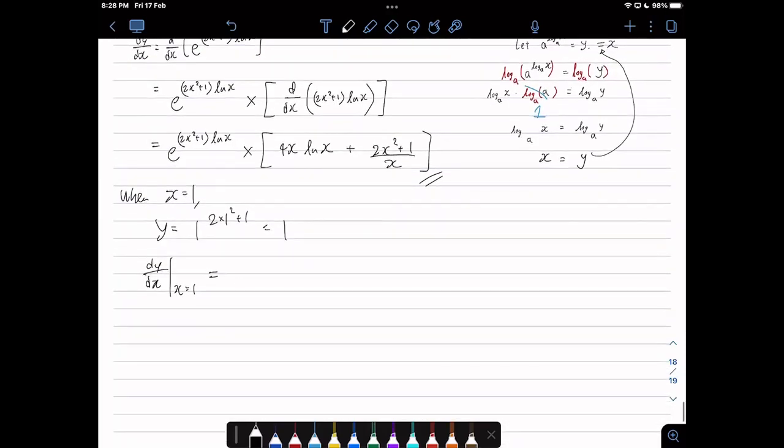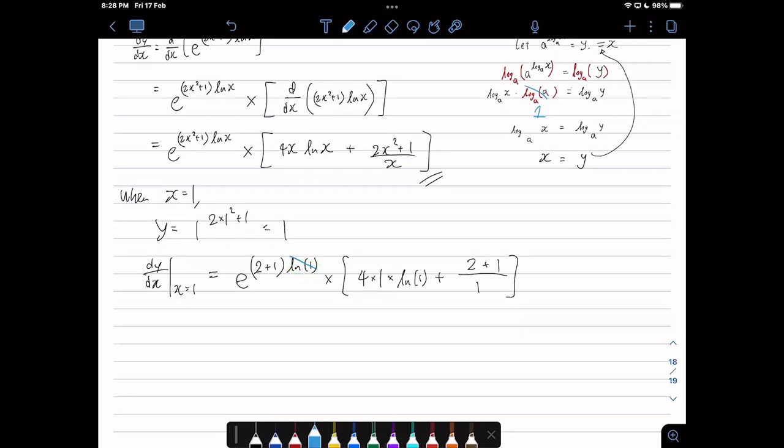Let's see. e to the power of 2 times 1 squared, which is 2, plus 1, bracket, multiplied by 4 times 1, times ln 1 plus 2 times 1 squared plus 1, divided by 1.